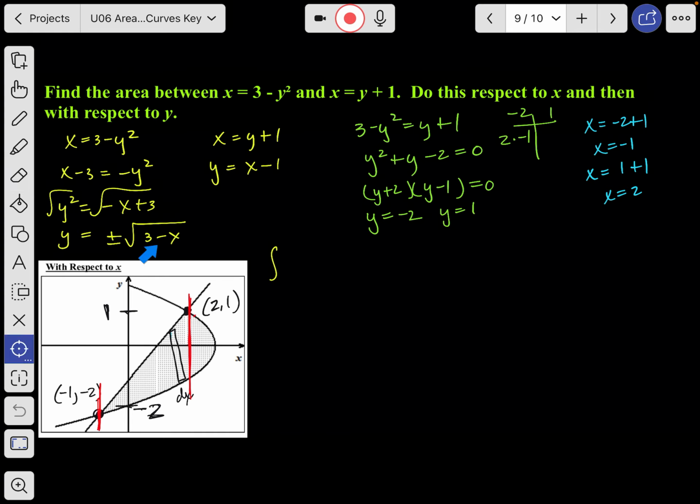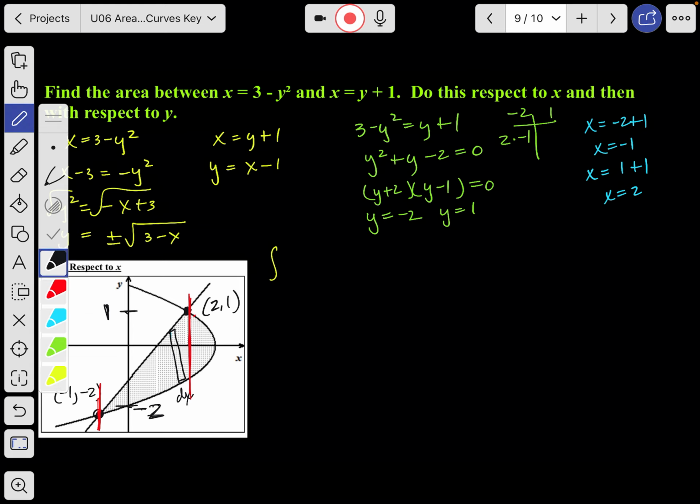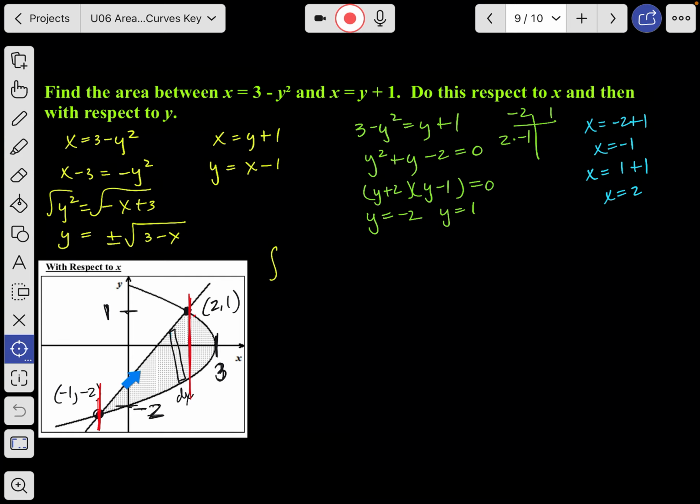If I know my transformations here, this is going to be shifted to the right 3. If I factor out a negative, that's going to be x minus 3, and so that's a horizontal translation, right 3. So I know that this is going to intersect the x-axis at +3. So I need to know that because I'm going to have two separate integrals.